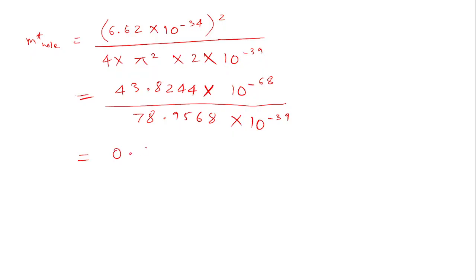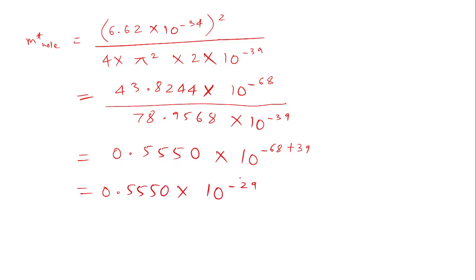This will be 0.5550 times 10 to the power minus 68, and when this expression's power comes in the numerator, it will be plus 39. So minus 68 plus 39 is minus 29. 0.5550 times 10 to the power minus 29.